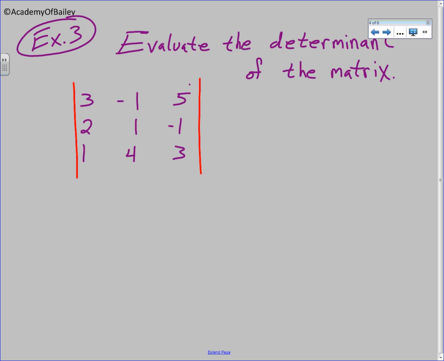Well, 3 by 3, if we look at the down diagonal, this down diagonal only has 2 numbers in it. So where are we going to get the other numbers? Well, that's the reason why you have to take this first row and this second row, and you're going to rewrite them out here at the end.